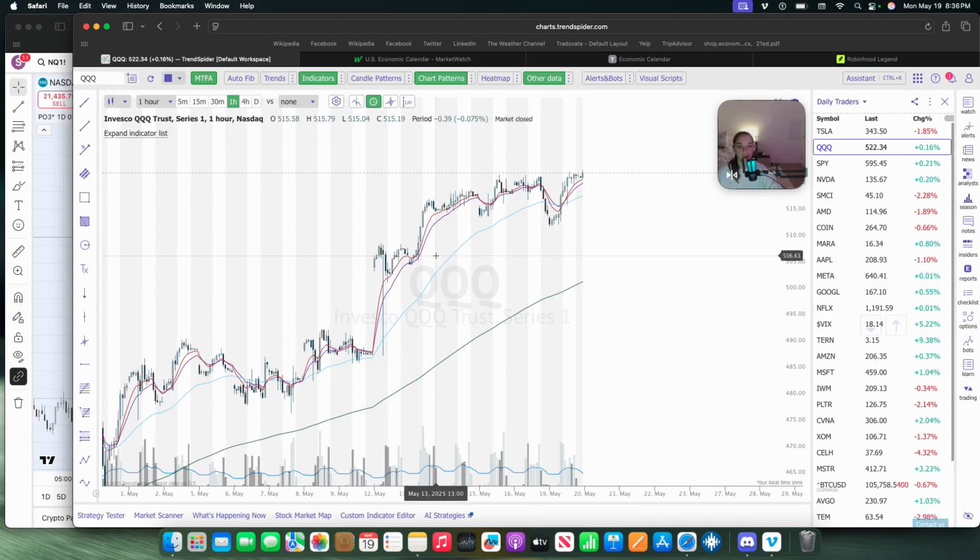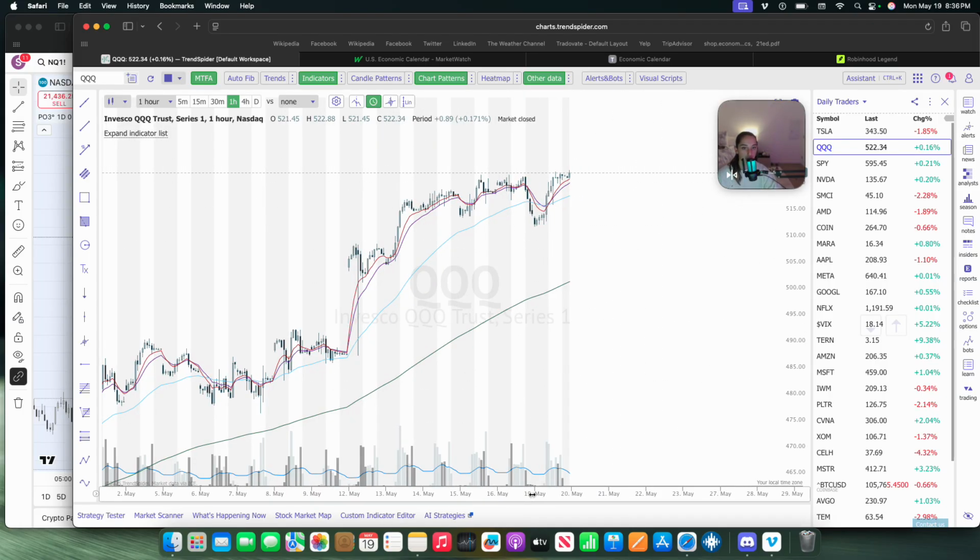First thing I'll do, go to the 1 hour, kind of see where we're at, see where pre-market is at, and mark out those strong levels. So for example, for today, I had 515.32 marked out. So that was this level right here. This 513, and then obviously we just continued up above it.